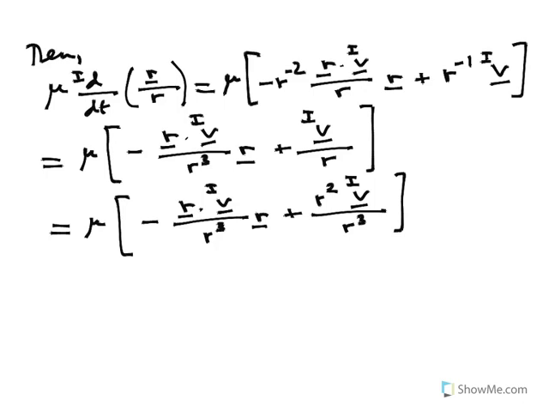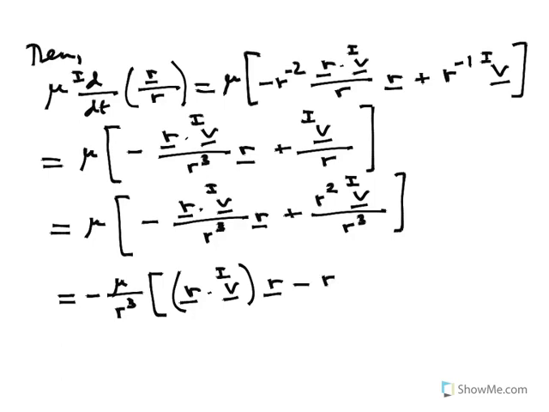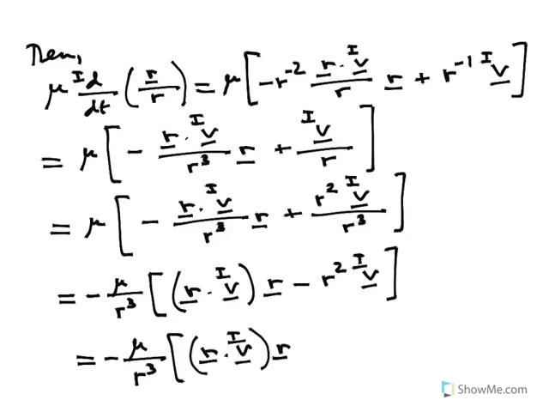Now I'm going to factor out the negative sign and the r cubed, which gives minus mu over r cubed times r dotted with vi, the whole thing multiplied by the position, minus r squared times vi, which can be further re-expressed as r dotted with vi times r minus r dotted with r times vi, because again, r squared is equal to r dotted with r.